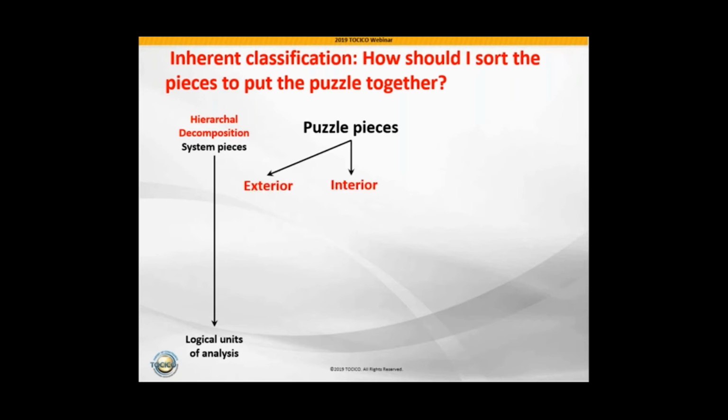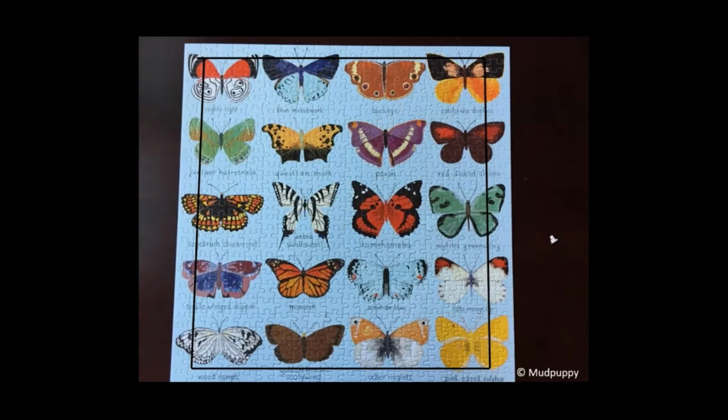I have the puzzle pieces. My first step is, and most people's first step is, I divide those pieces into the exterior or border pieces to the puzzle and the interior pieces. Maybe I take those exterior, this is an example of that. The outer border is my exterior pieces. I've got one pile of those and then a pile of all my interior pieces.